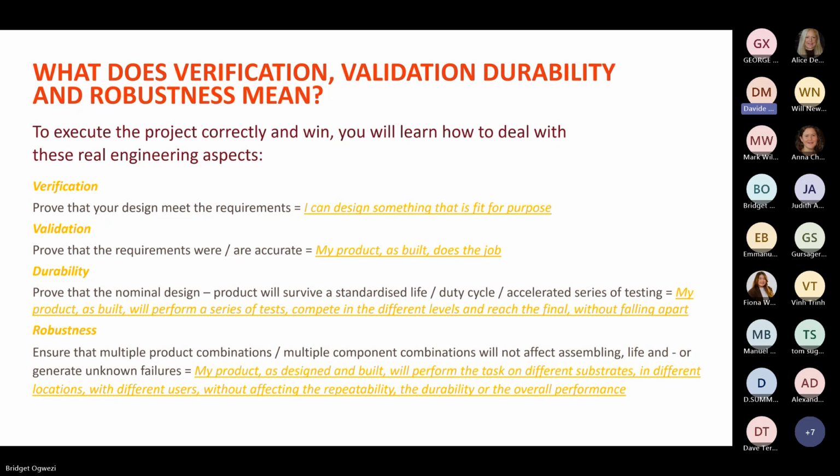You may decide to do a number of other runs to check that your device is okay. So that is your durability. Your product should be able to do a number of cycles of the mission before falling apart, and ideally you want it to fall apart after you finish your mission.